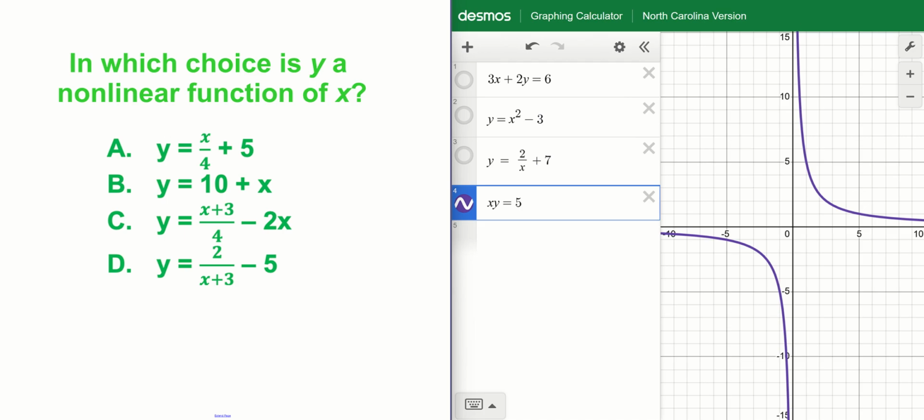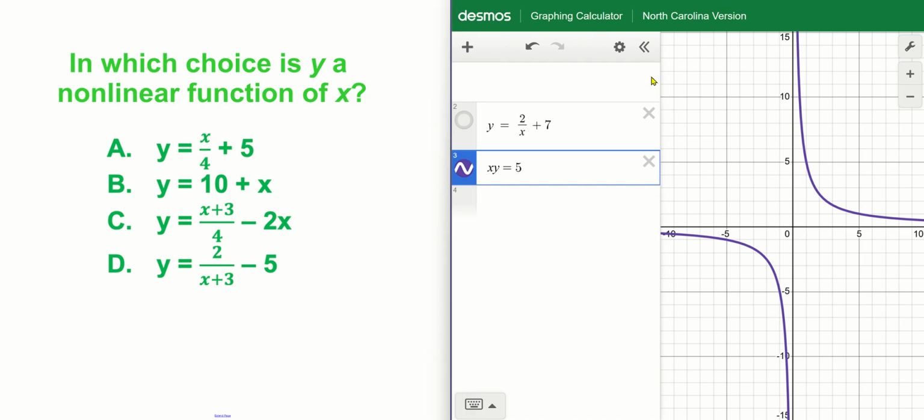All right, y'all give this one a try. This time you're looking for which one is non-linear.